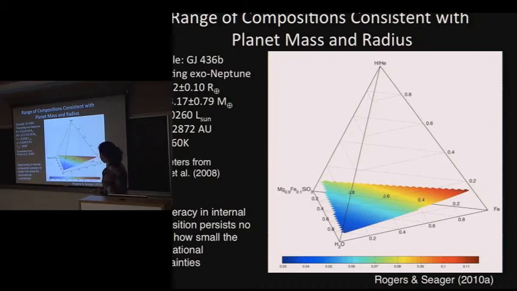Effectively, for every composition on the surface, the mean planet density is the same. These are constrained to fit the radius. Yes. I just want to say, if it's pure iron versus pure silicate, how different is the density?